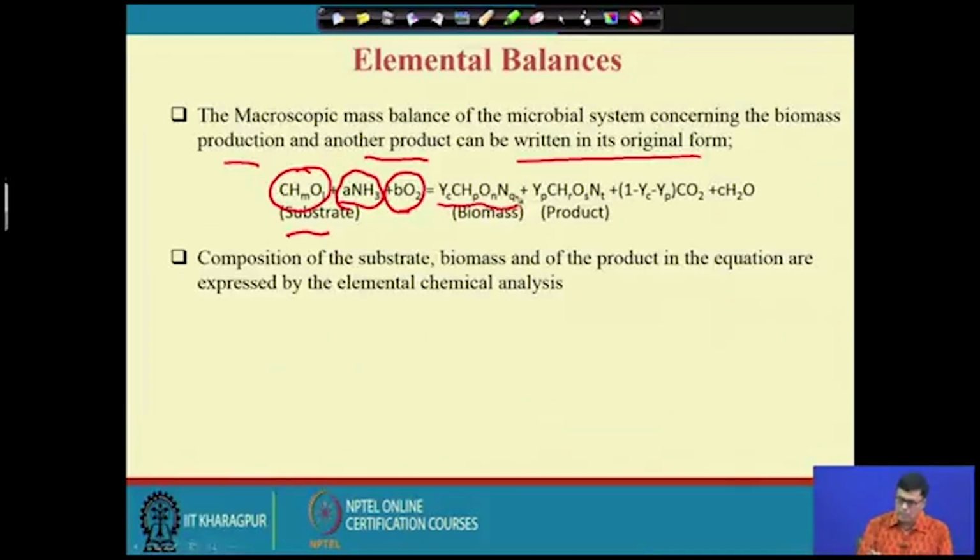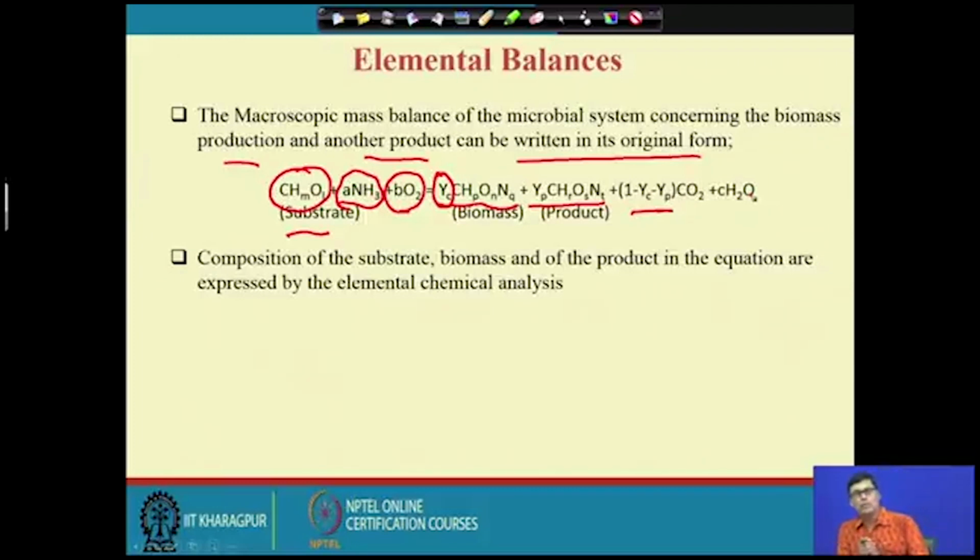This is the empirical formula of biomass, and this is the empirical formula of the product. So Yc gram atoms of biomass and Yp gram atoms of product, that is a kind of carbon balance. You can see that 1 mole of carbon is converted to Yc moles of biomass and Yp moles of product. So what will be the carbon dioxide? 1 minus Yc minus Yp, this CO2, plus water.